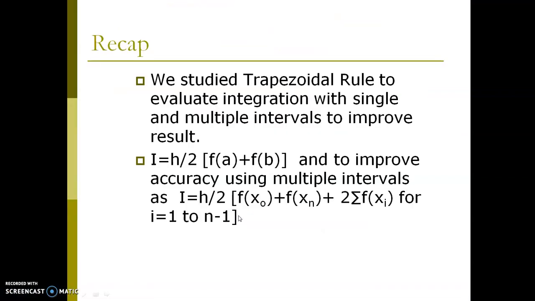Earlier, we have studied the trapezoidal rule for evaluation of integration with single and multiple intervals to improve the result.